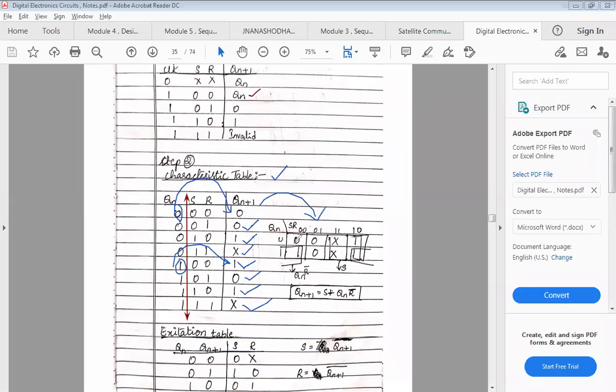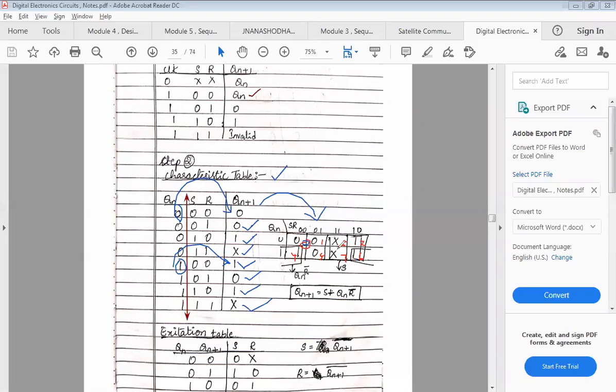Accordingly, you value your cells 0, 1, 2, 3, 4, 5, 6, 7, and we just map those values here.